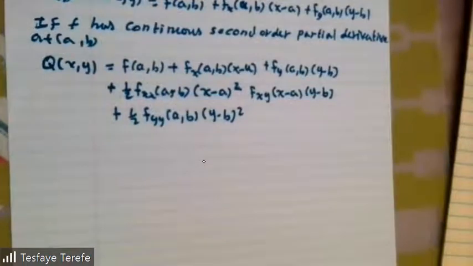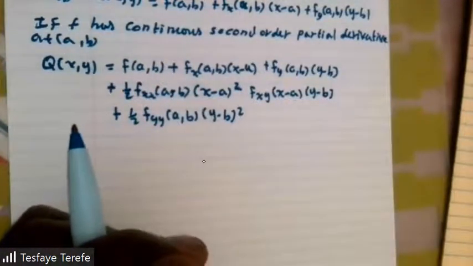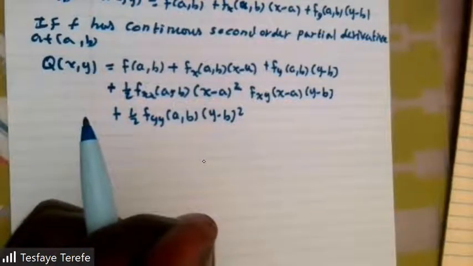And this is called the quadratic approximation, or second degree Taylor.